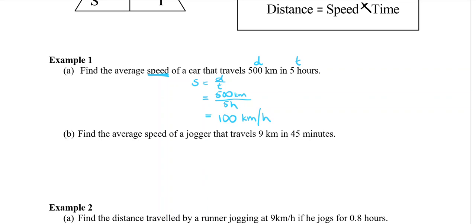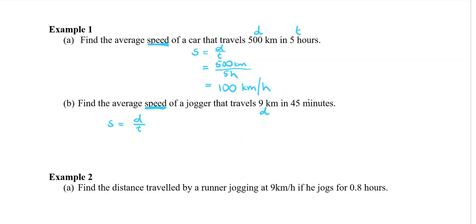Part B says find the average speed again. So speed is going to be distance over time, same formula, of a jogger that travels 9 kilometers. So that 9 kilometers is going to be the D, but in 45 minutes, that is going to be the time, but the units of that aren't very good.